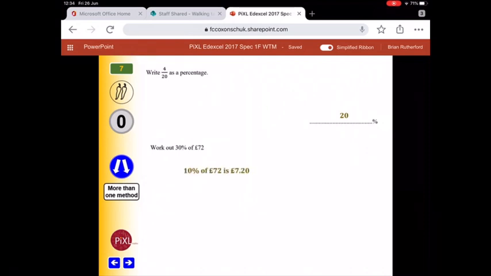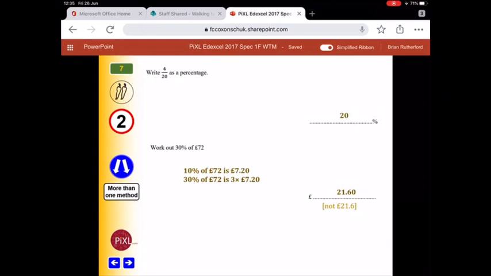So they find 10% of 72 by dividing by 10. And then if you show an understanding that you need to multiply that by 3 to get 30%, you'll see the number of marks has changed to 1. That means you would get 1 mark out of the 2 available for this part of the question for doing that. And then the second mark for when you get the correct answer.